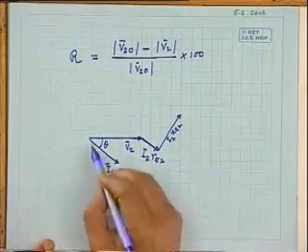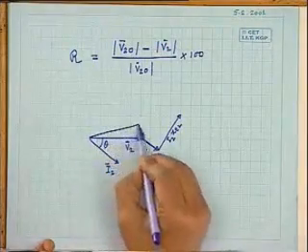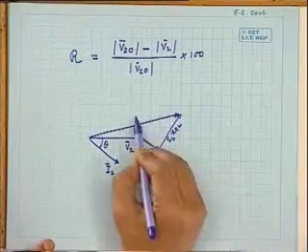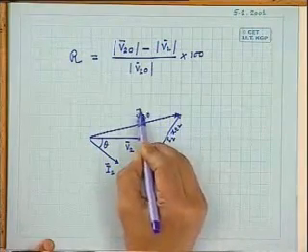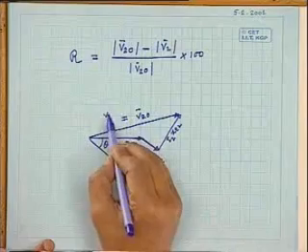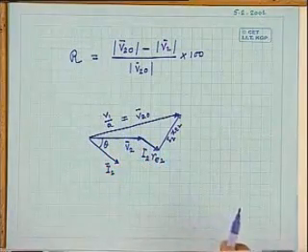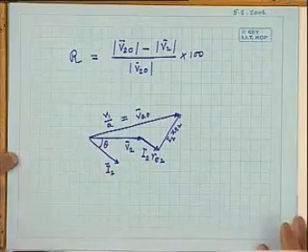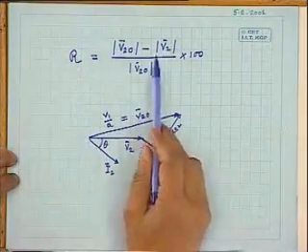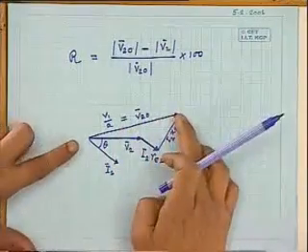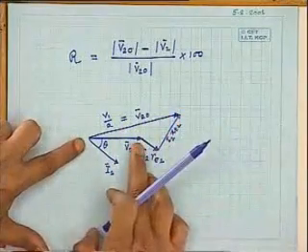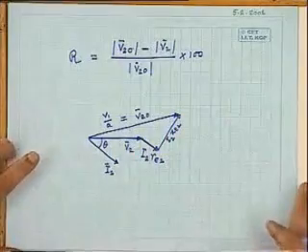Very simple phasor diagram. And then this will obviously become your V20, which is nothing but V1 by A. Now, in this formula, the modulus means this length minus this length divided by this length.